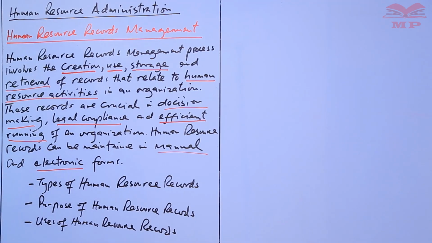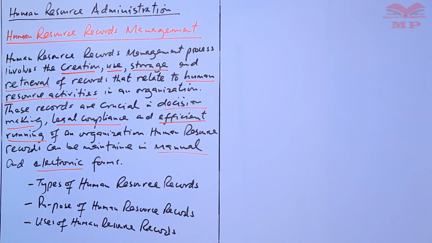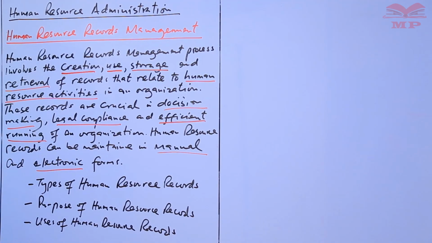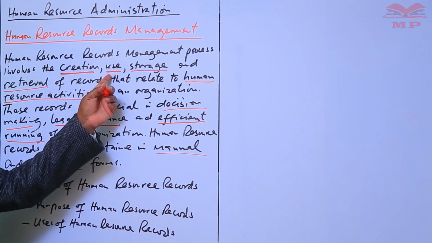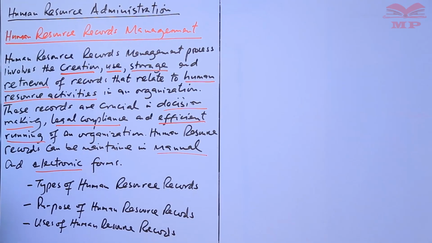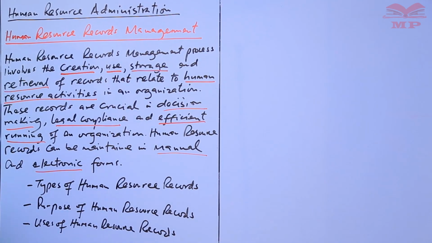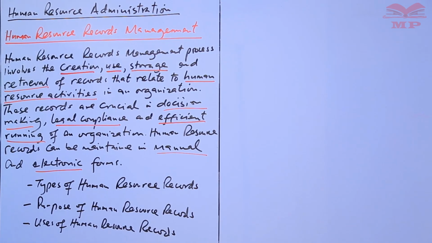So, dear learner, looking at this meaning of human resource records management, it comes out very clearly that whenever documents are created, for example, an employee file is opened, that employee file will be used maybe to assign a number, to deploy that employee, and whatever communication goes in relation to that employee is put in that particular file.